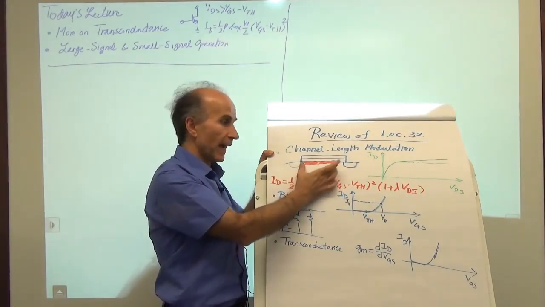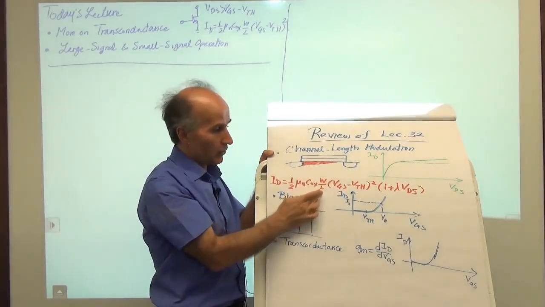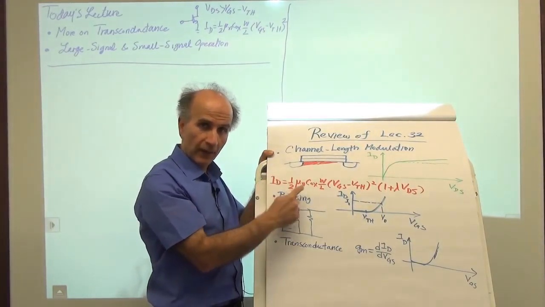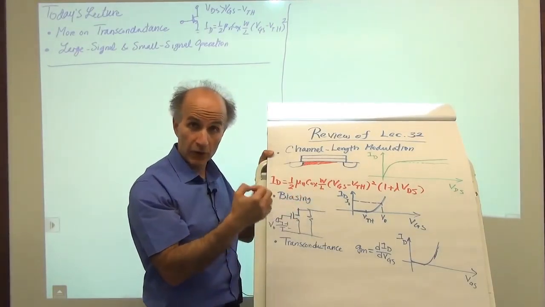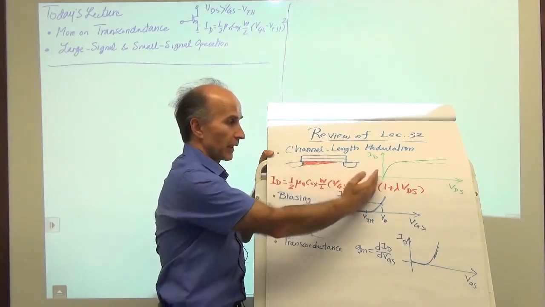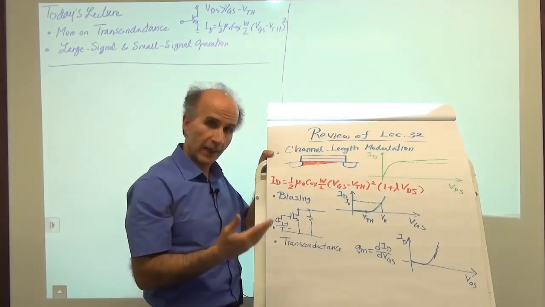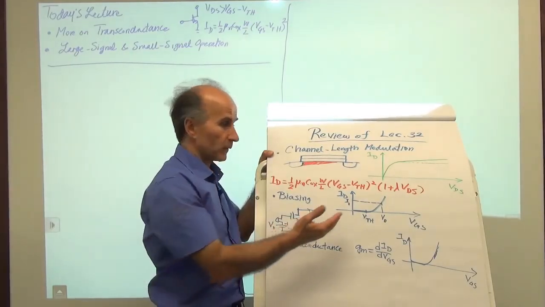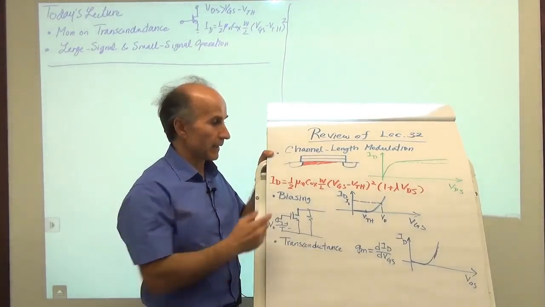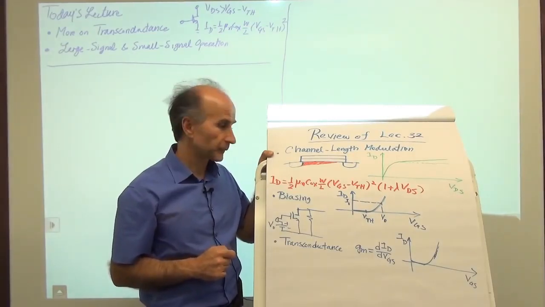That means the actual length of the channel decreases, which according to our equation indicates that the current should increase. But rather than make L a voltage dependent quantity and making things complicated, we simply multiply the original equation by this factor of 1 plus lambda VDS, so that when VDS goes up, the drain current also increases. That's a very simple representation that we use in many types of analysis and design.